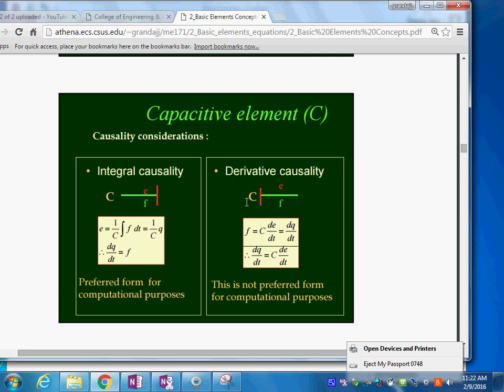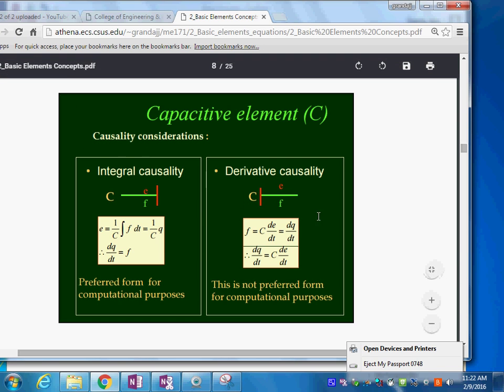But you see here, the flow is the output, so F is equal to C times dE/dt, which is equal to dq/dt. Well, dq/dt is the volume flow rate, and it is C times dE/dt. See? So that is the C element.